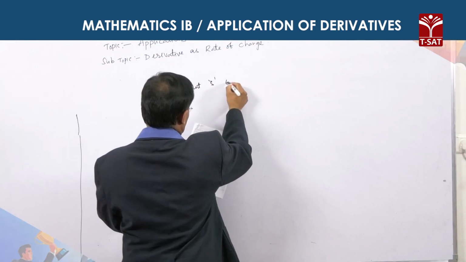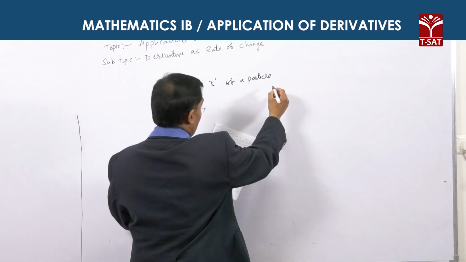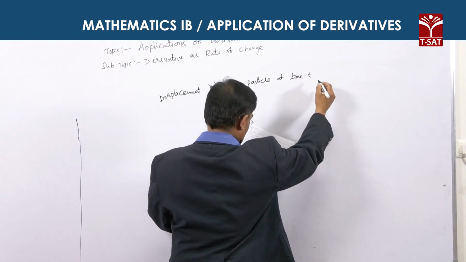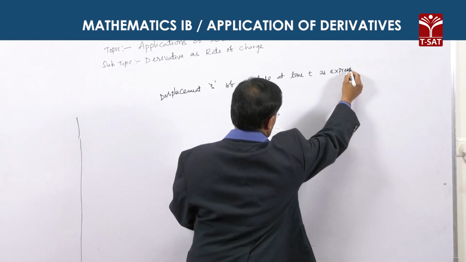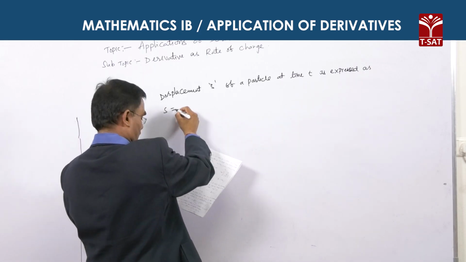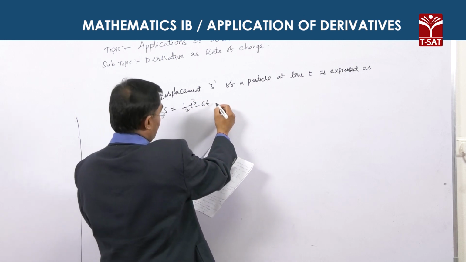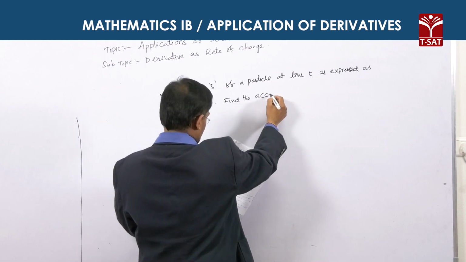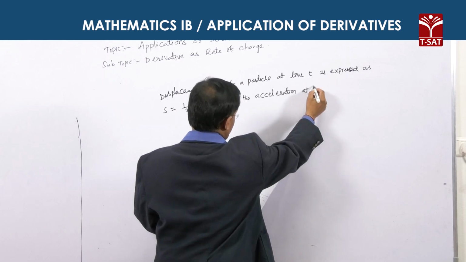Displacement S of a particle at time t is expressed as S is equal to 1/2 t cube minus 6t.